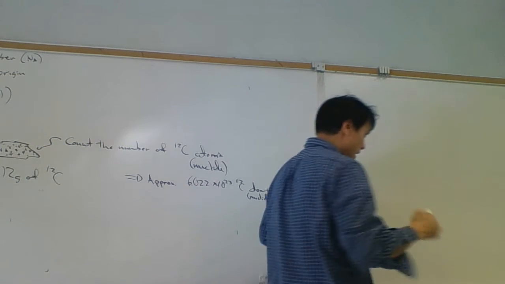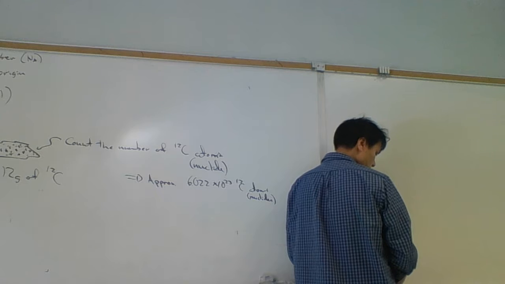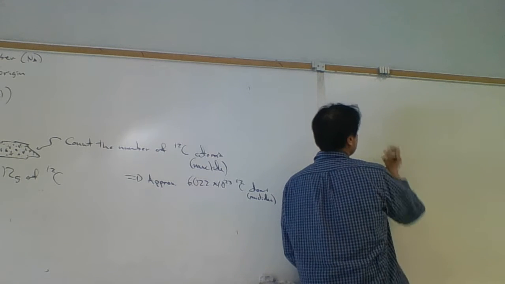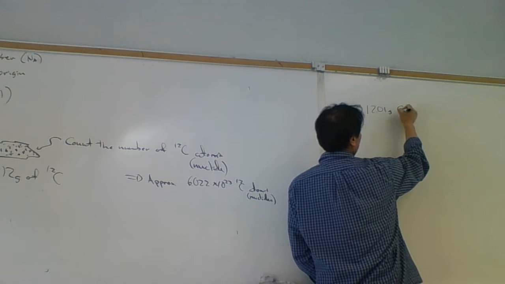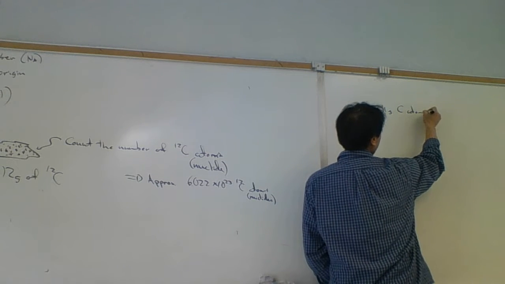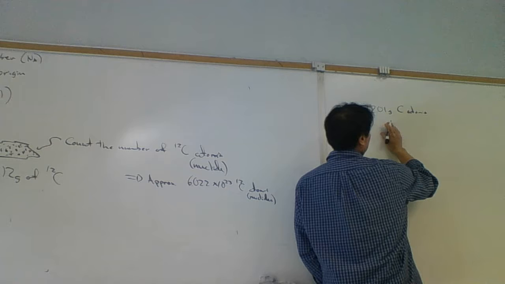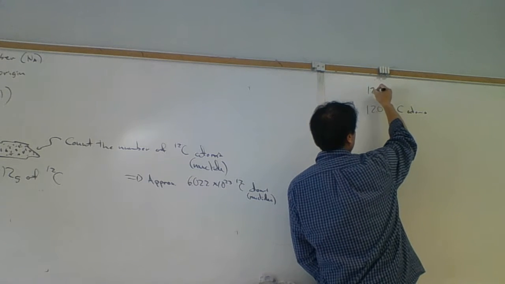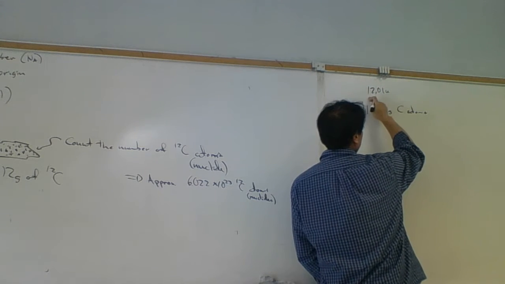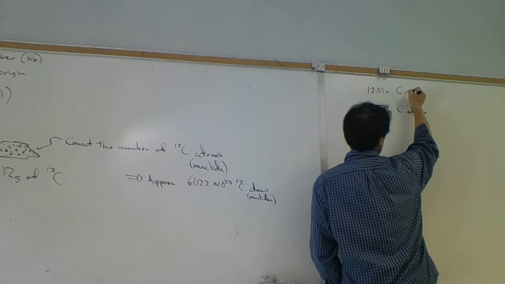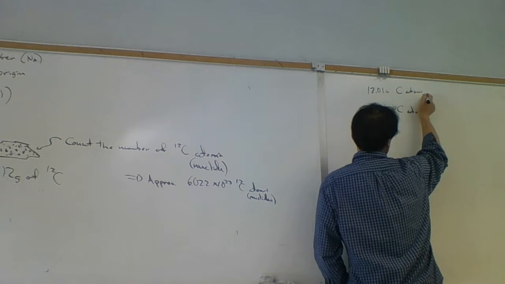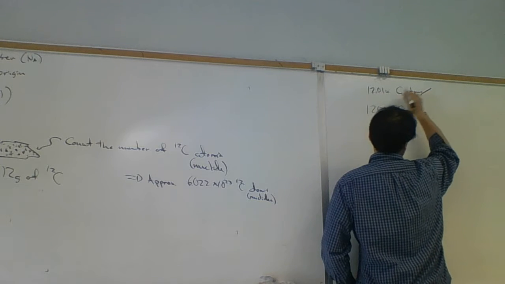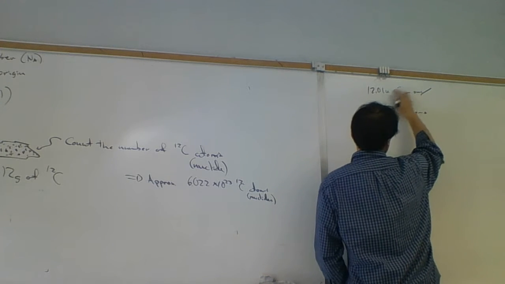So what's the average mass of a carbon atom? There's going to be 12.01 grams of carbon atoms. The average mass is 12.01 u. Actually, this doesn't quite make sense. Let me restate it.